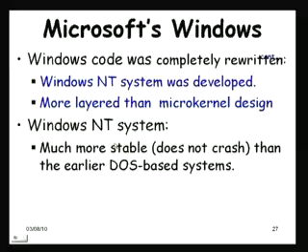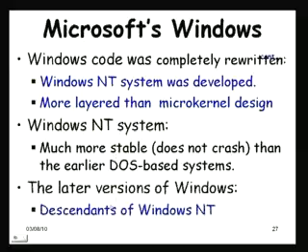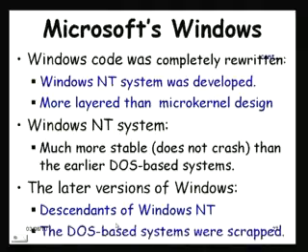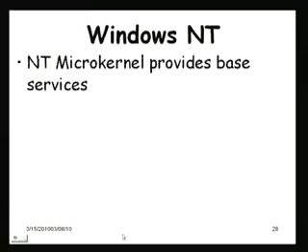It is much more stable, and all the later versions are descendants of the Windows NT code, and the DOS based code was scrapped. So, let us see the main features of Windows NT, and let us examine how suitable it is for real time applications.